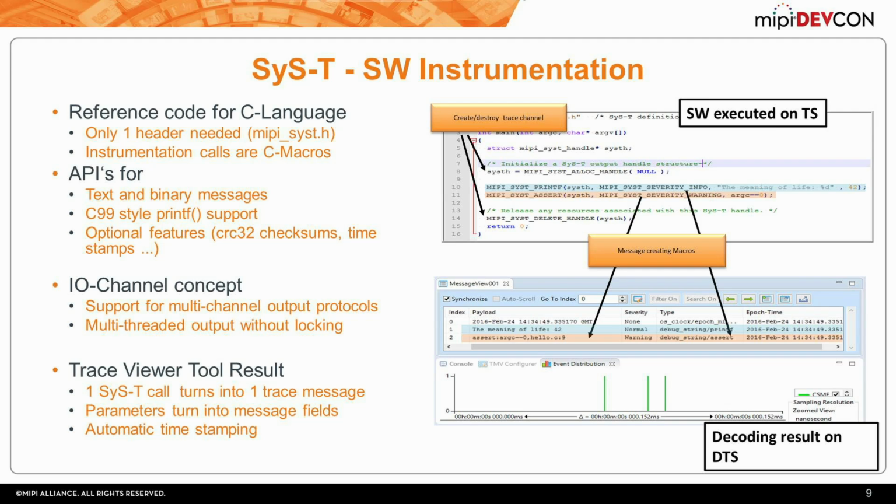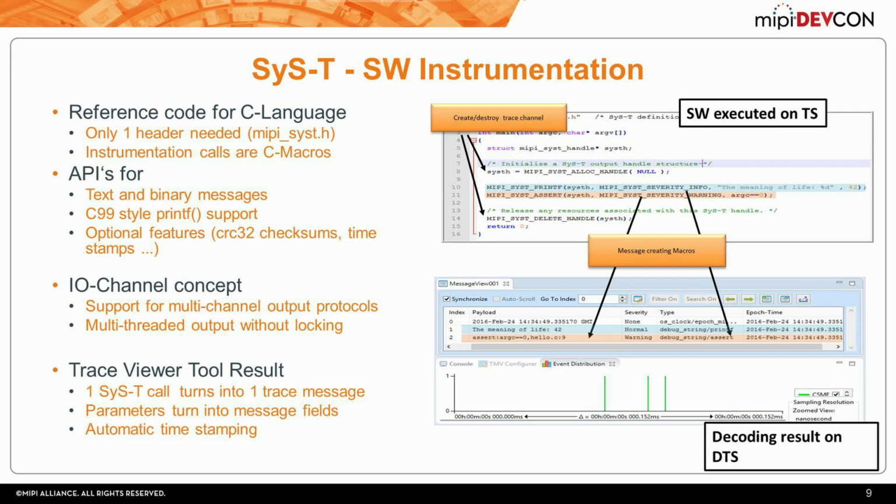SyS-T can transport both textual and binary messages. So there's the typical printf support, which many developers like and use for software tracing. And there are additional features available, like checksums and custom timestamping.